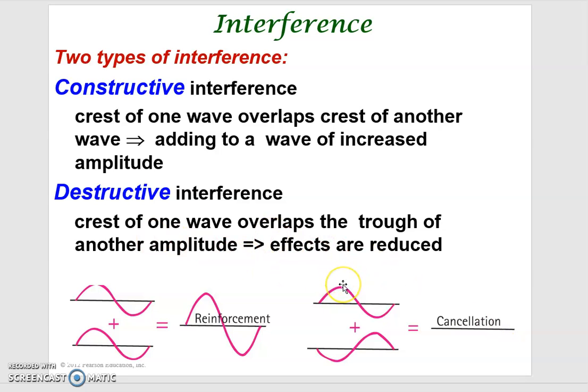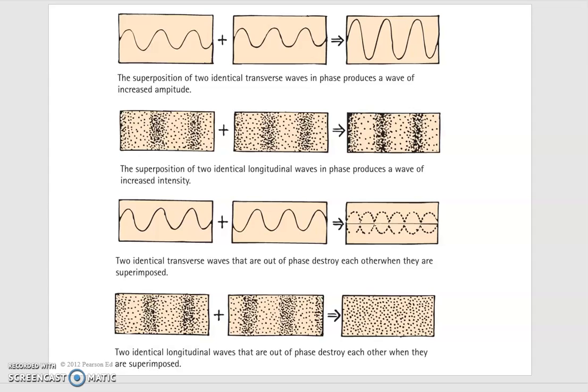But if the crest of the first one is overlapping with another point of the second wave, it is still the concept of the destructive interference, but not a perfect one. So now, after the two waves combine together, they will become a new one. So let's try to study the most general case. So the first one is the one I just introduced to you.